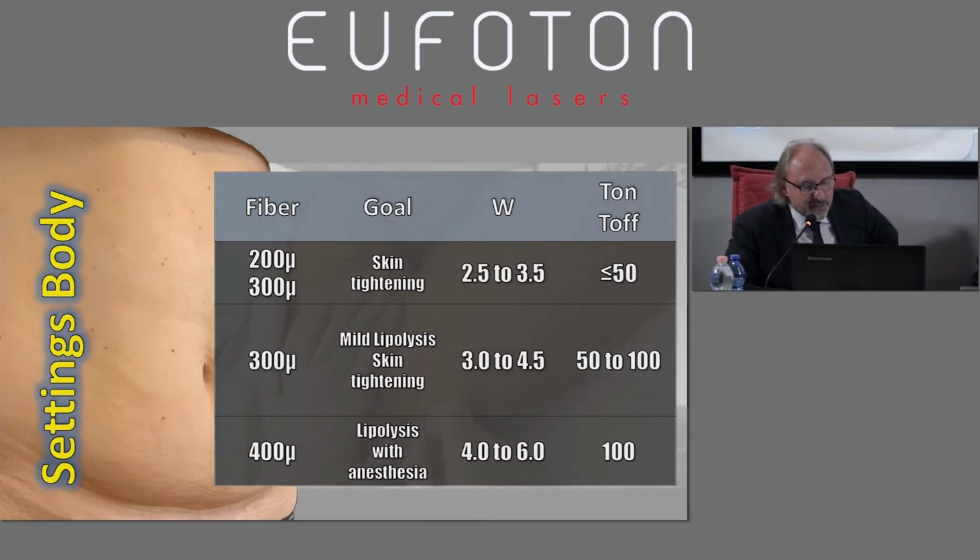Body. So, 200 micron fibers. I don't use these fibers a great deal on the face, and I don't use them for the body, but for the knee, where you want to get some skin tightening of small radial wrinkles around the knee. This works quite well.